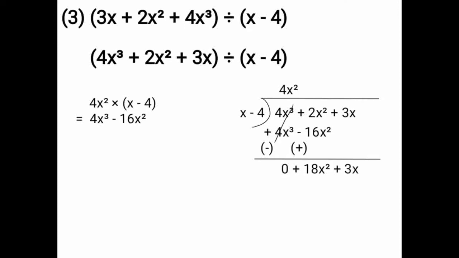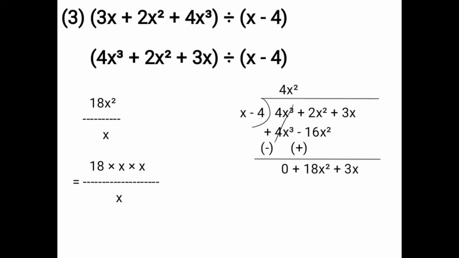Now you have to divide 18x square by variable x to get the second quotient. 18x square upon x is equal to 18 into x upon x. x gets cancelled. So what will remain? 18 into x is 18x. So the second quotient I got is plus 18x.